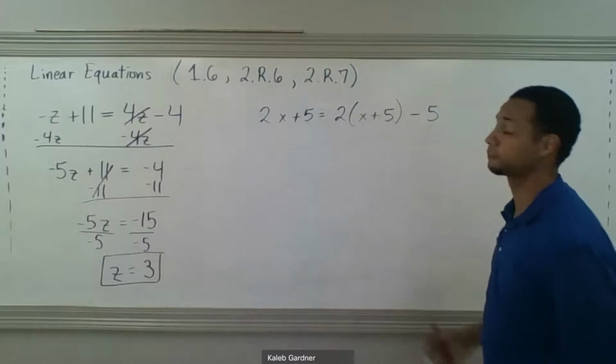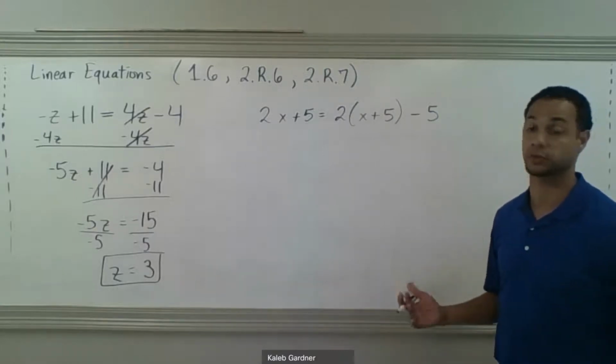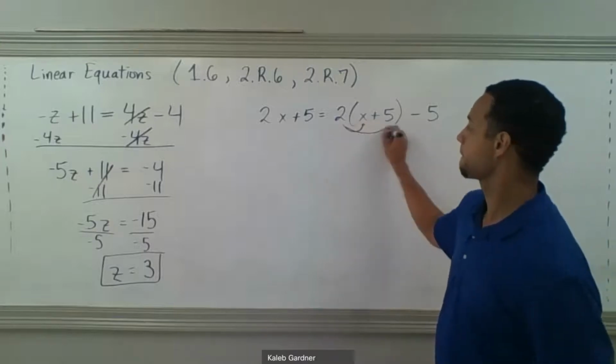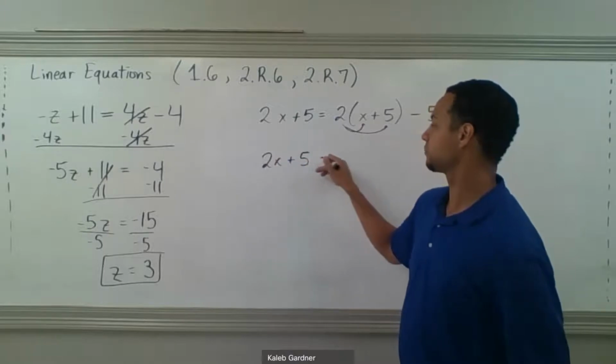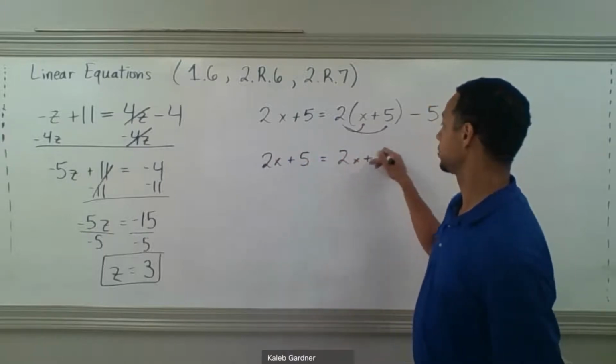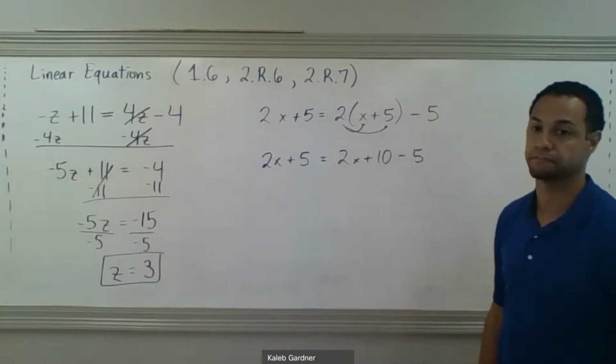So let's work this one out. All right, got a lot going on in this one. Before we can do anything, let's distribute. So we have 2x plus 5 equals 2x plus 10 minus 5.